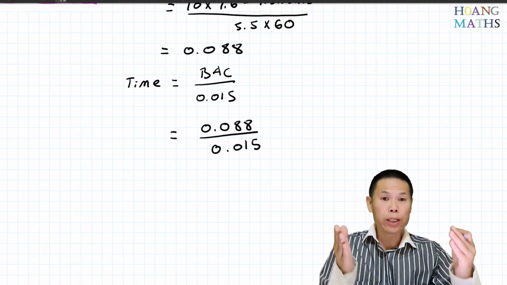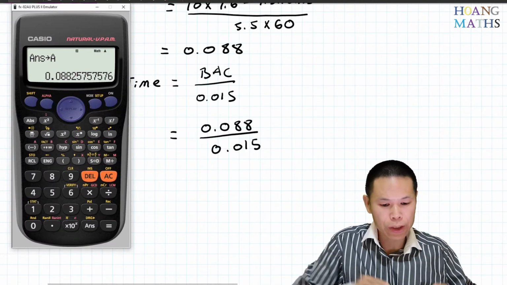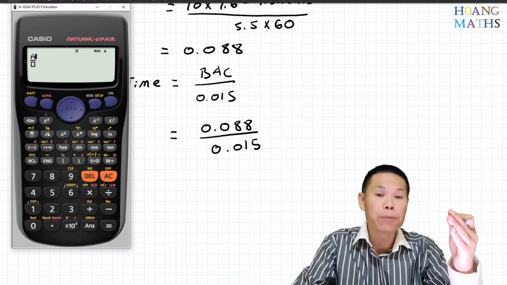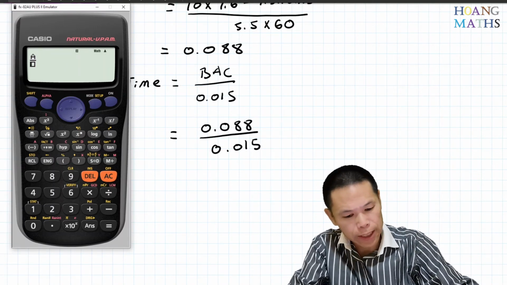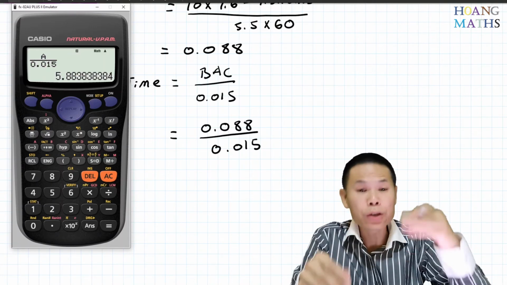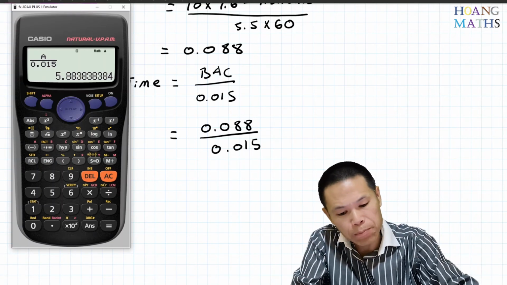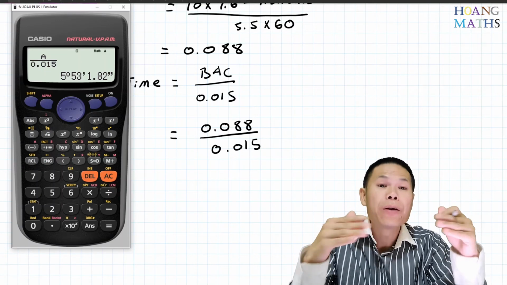Now I just put that in a calculator. Just go fractions, alpha A, that was the blood alcohol content that we worked out earlier, and then go down, divided by 0.015. So 5.88 hours. But if we press the minute button, it takes 5 hours and 53 minutes.